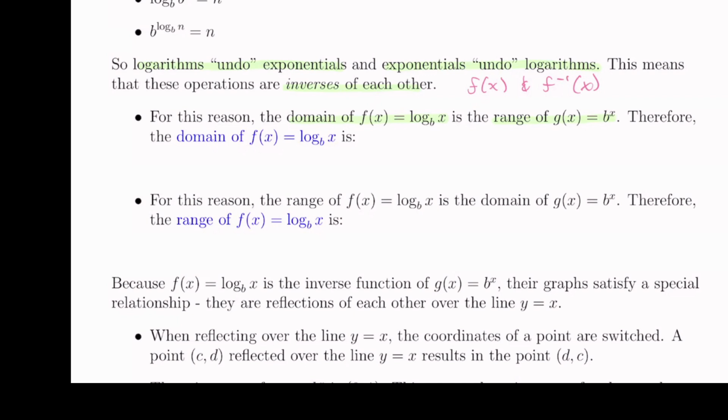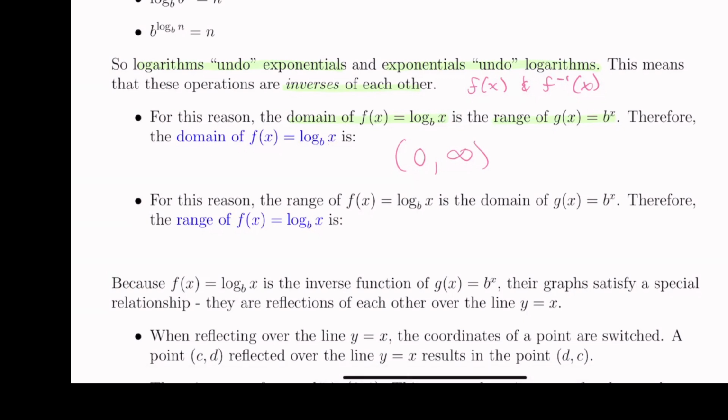And we remember that these had a range of 0 to infinity. They had to be positive outputs. So the domain of a log is that you have to have positive inputs.